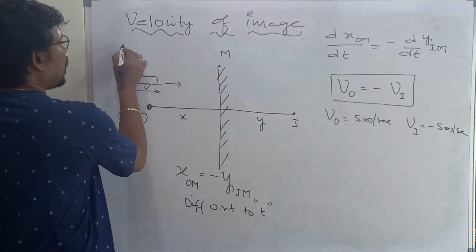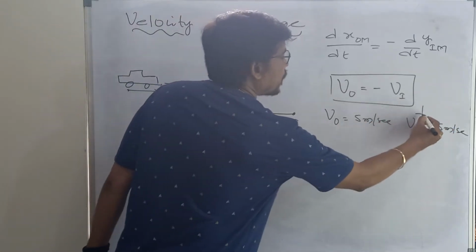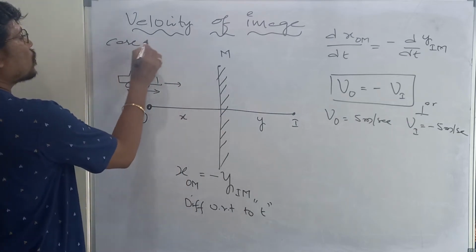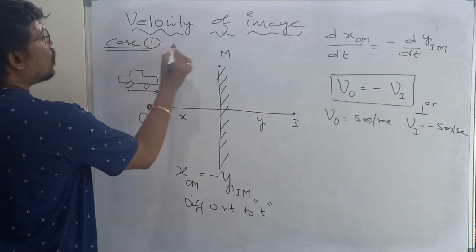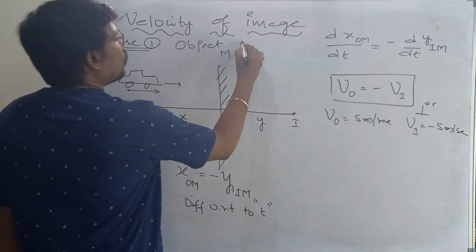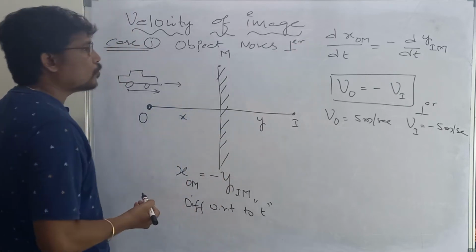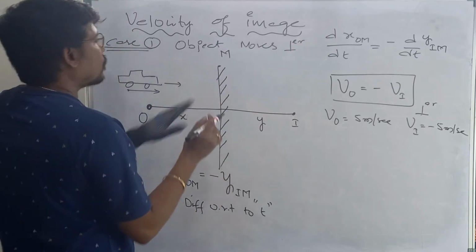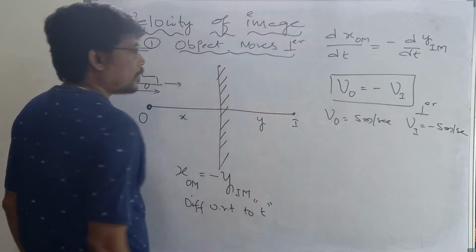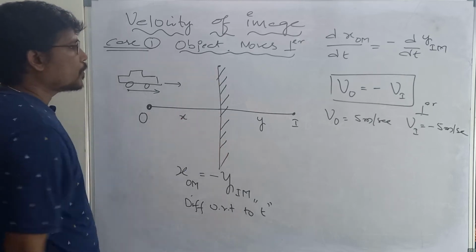So case 1: the object moves perpendicular to the plane of the mirror.